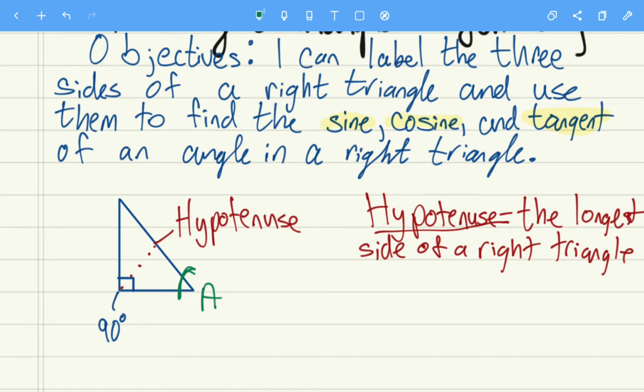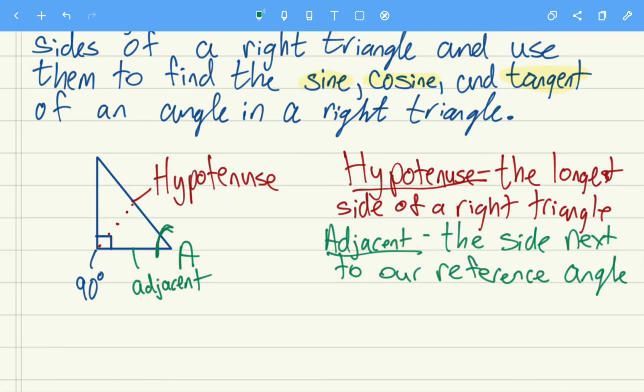The next side is the adjacent side of our right triangle. Now, the adjacent side is the side next to our reference angle. In this case, our reference angle is angle A right here, and the adjacent side is right next to it.